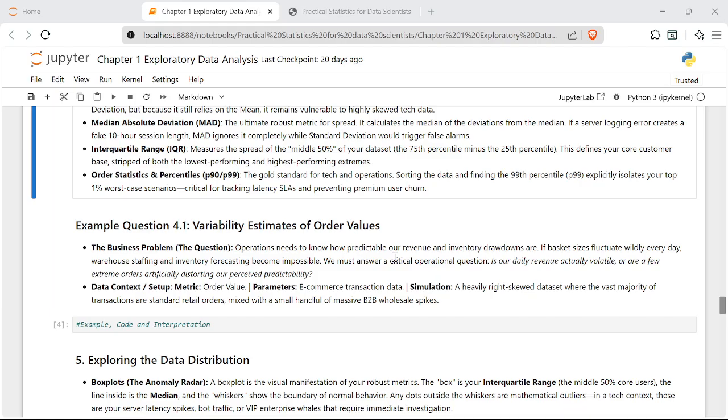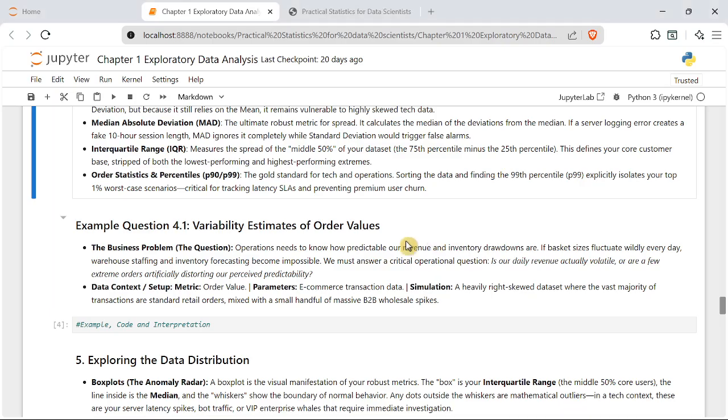But to test our metrics, we are going to inject a small handful of massive B2B wholesale spikes into the mix. We will then look at how these extreme outliers completely break standard volatility metrics like standard deviation, and I will show you exactly which robust metrics you should be using instead to find the truth.